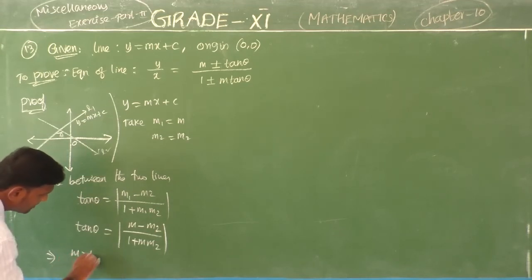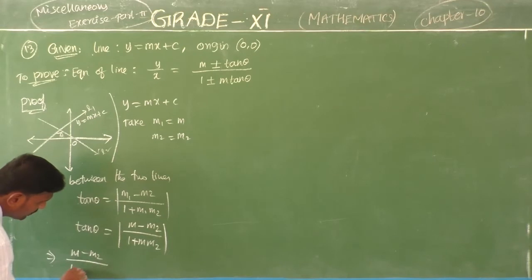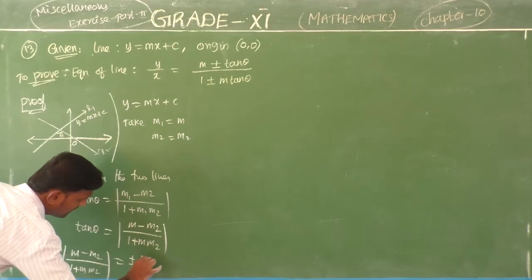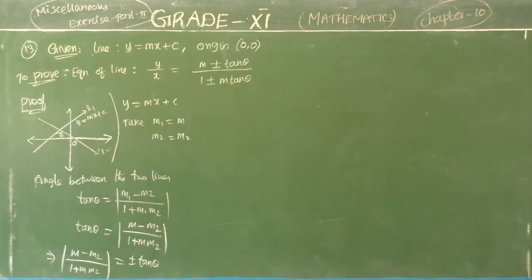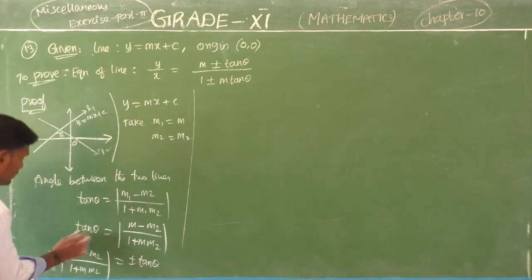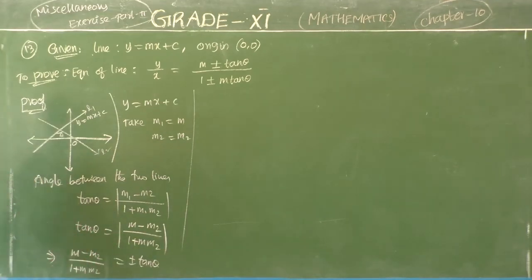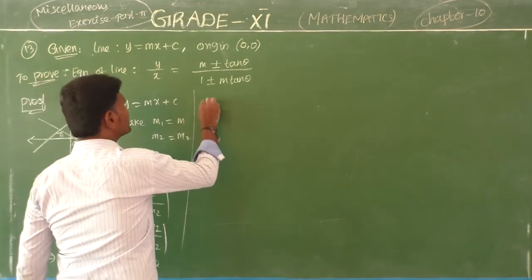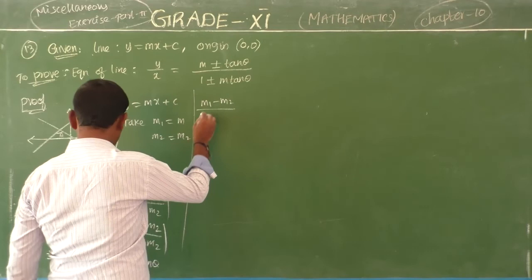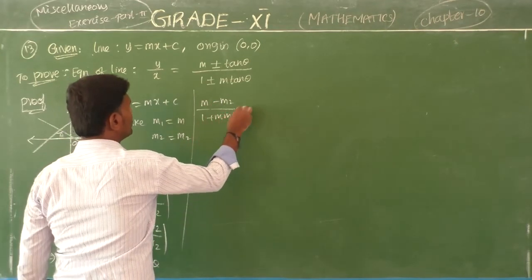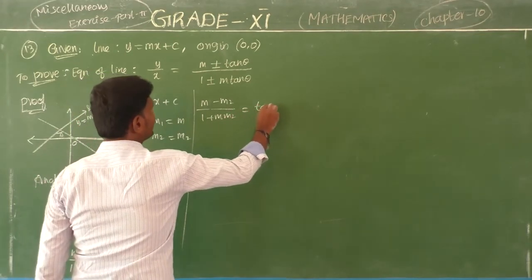to get m minus m2 the whole divided by 1 plus m m2 which is equal to plus or minus tan theta, the same as in the previous question, to remove this modulus. So I am taking the positive root to get m minus m2 by 1 plus m into m2 which is equal to plus tan theta.